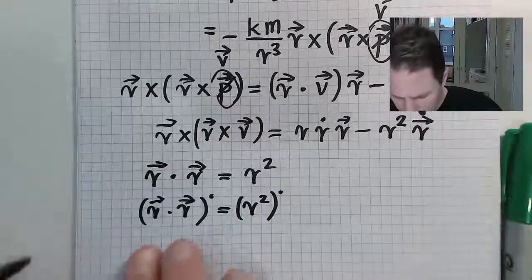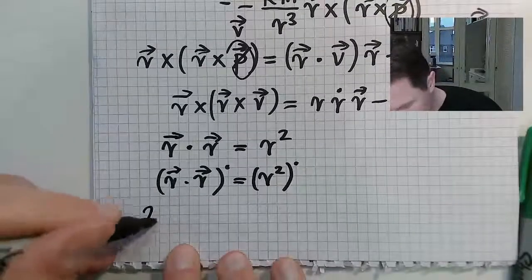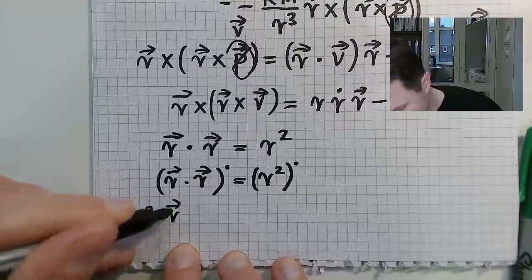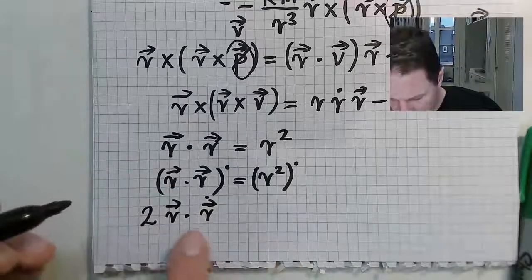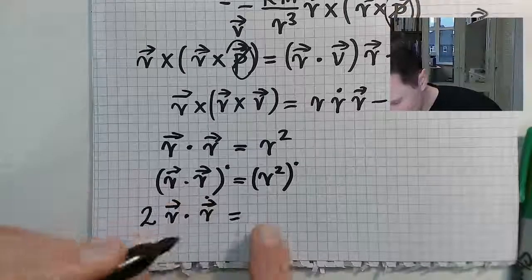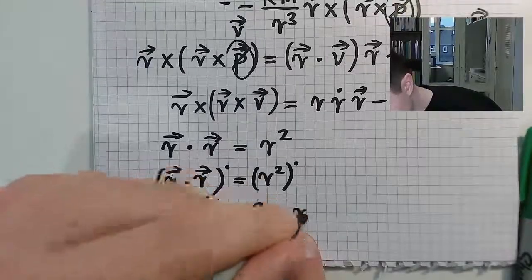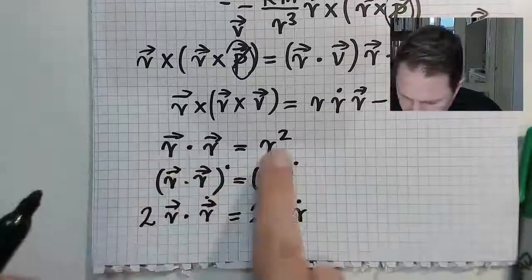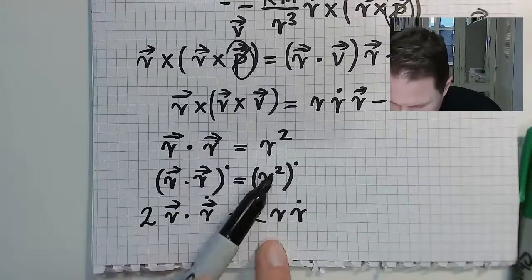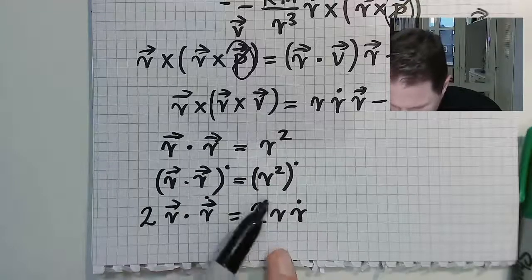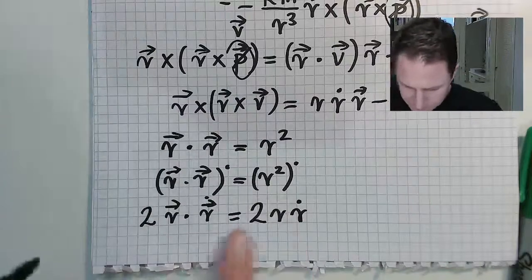And here we can apply the Leibniz rule to get twice r dot r dot, the dot product of r and r dot multiplied by 2, and on the right hand side we get twice r times r dot. So this is just something called the chain rule. First we have to differentiate the function r squared, that gives us 2r, and then we have to differentiate r itself.